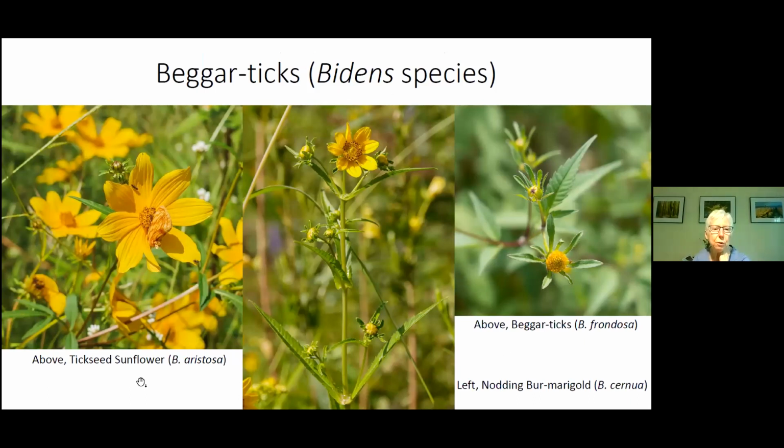I'm showing you 3 different examples here, probably the most common and showy of which is the one on the left, which is called tick-seed sunflower, which is commonly seen along roadsides, meadows, moist meadows. It does kind of prefer moist soil, and that's typically where you see it. This is a species that began in the Midwest and gradually spread its range out to the Northeast. So we now see it here quite commonly.